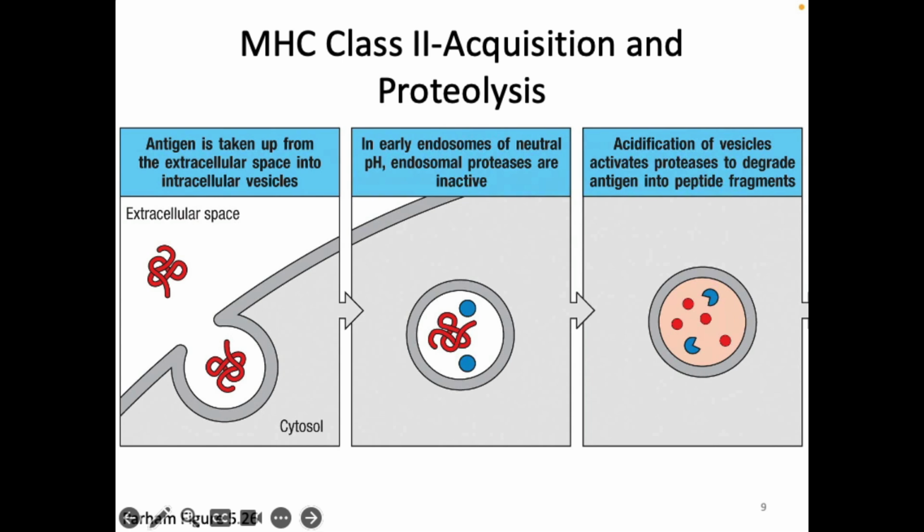The cell didn't actually have to do anything active. That was almost automatic based on the presence of the antigen. Similarly, with class 1, acquisition was a passive thing that the cell didn't have to do anything for, and it actually had to do work to tag the thing for destruction. Here, the cell had to do work to acquire the antigen, but once it acquired it, it doesn't have to do any effort to tag it for destruction.